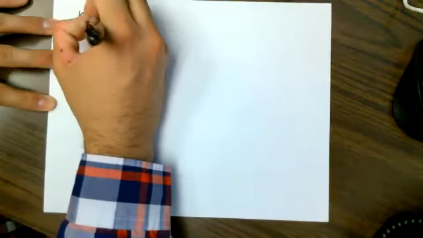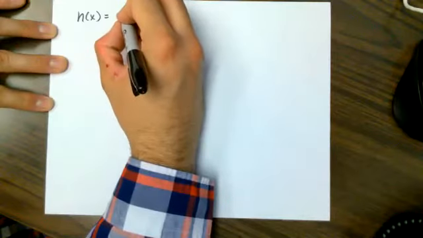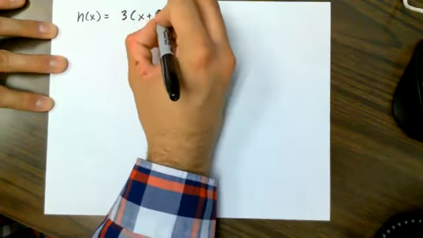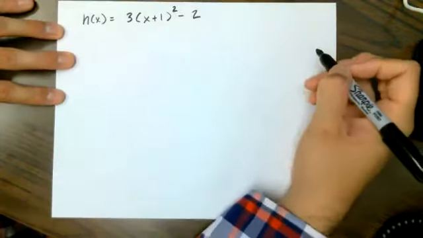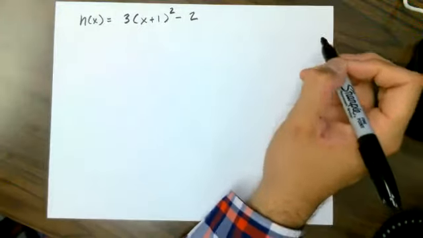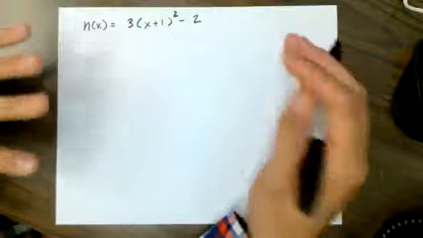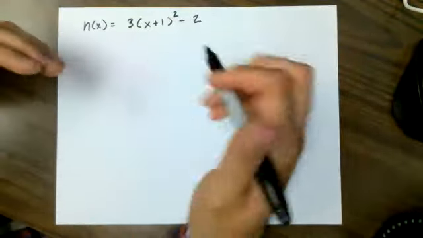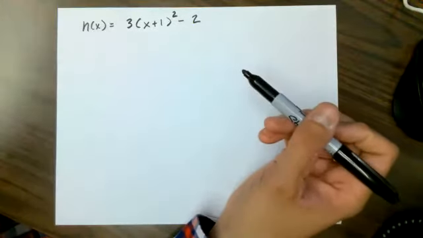Okay, let's look at another one. Let's say we've got h of x equals 3(x plus 1) squared minus 2. I'm just going to pull a few things out of this before I graph it. It's not going to be a perfect graph, but before I do that, I want to recognize what I have going on just from the equation.